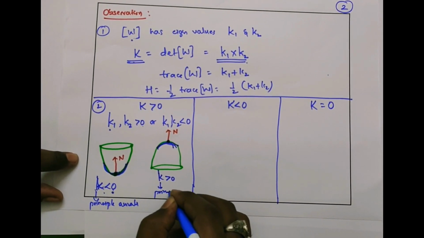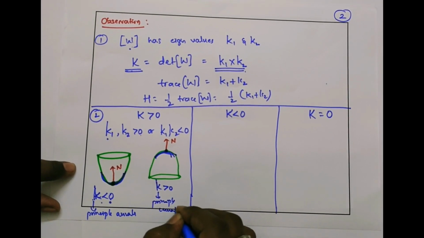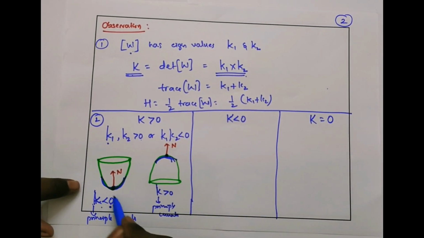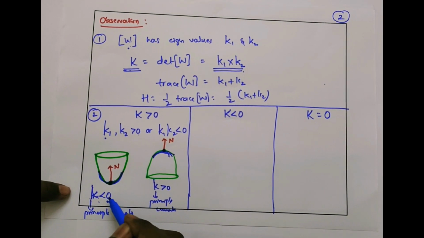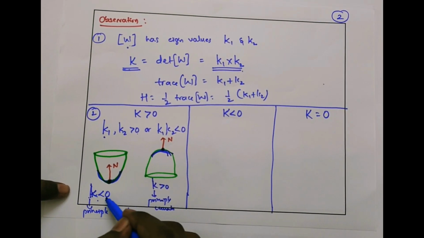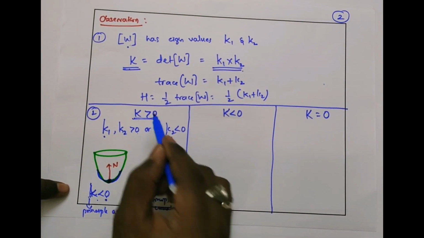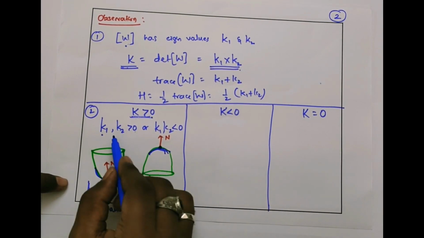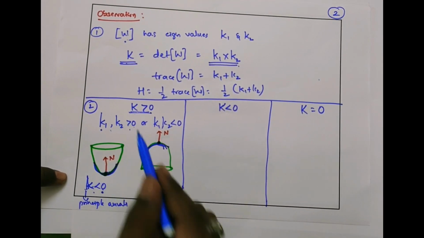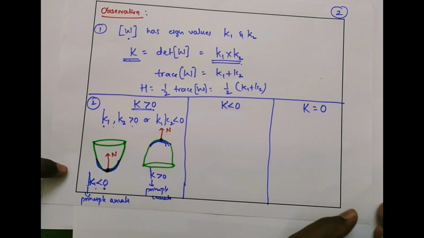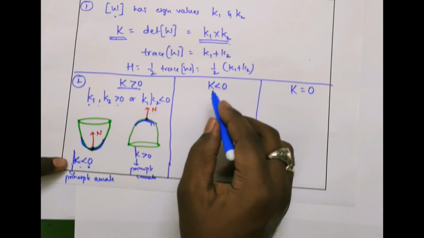So here we have the principal curvature less than 0. When both the principal curvatures are less than 0, you will get the Gaussian curvature greater than 0. Similarly, if you have both the principal curvatures greater than 0, you will have the Gaussian curvature greater than 0.